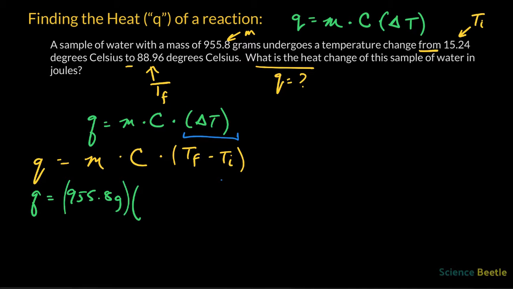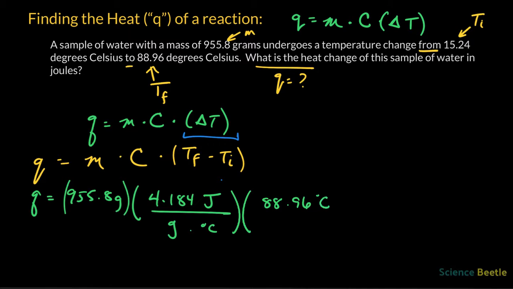And so for water, that value is 4.184 joules of energy required for every gram, per degrees Celsius. And then we're going to multiply this times the change in temperature. So the final temperature here was 88.96 degrees Celsius minus the 15.24 degrees Celsius.